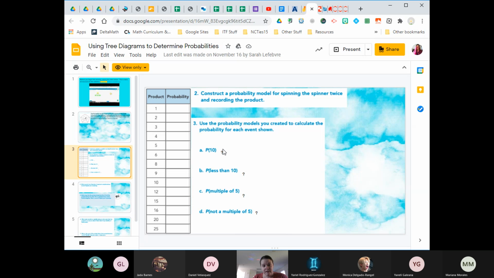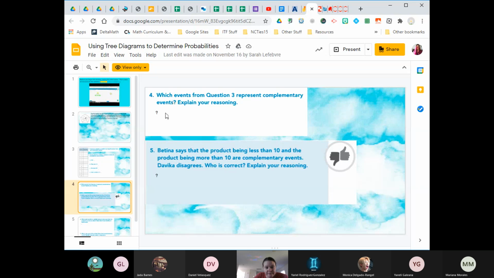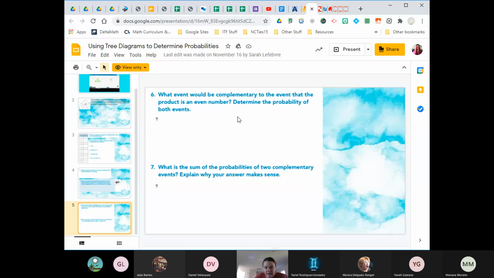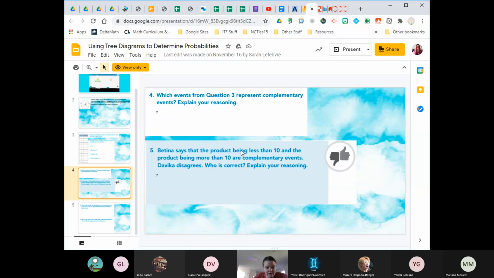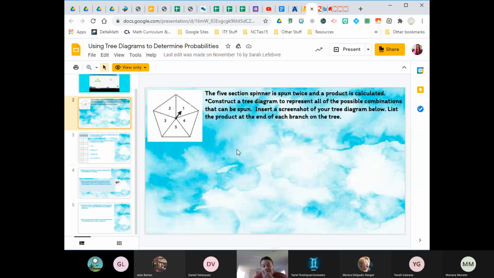And then answer those questions. Remember, I'm looking for a fraction, okay? These are all going to be about the tree diagram that you construct.